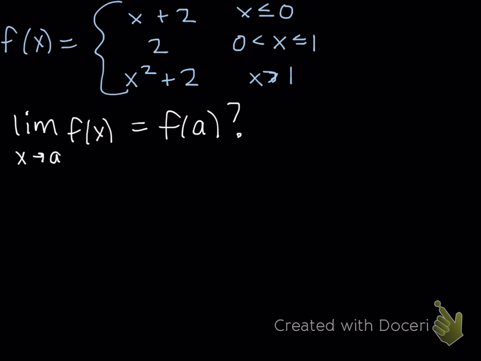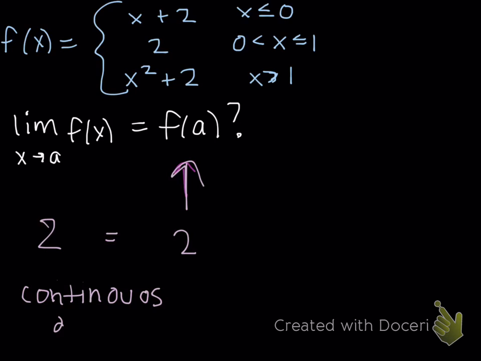So overall, it needs to know if the limit as x approaches a and f of a are the same, then they are continuous. So for this side of the answer, we got the value of 2. I got 2, and on the limit, we got 2. So it's continuous at x equals 0.